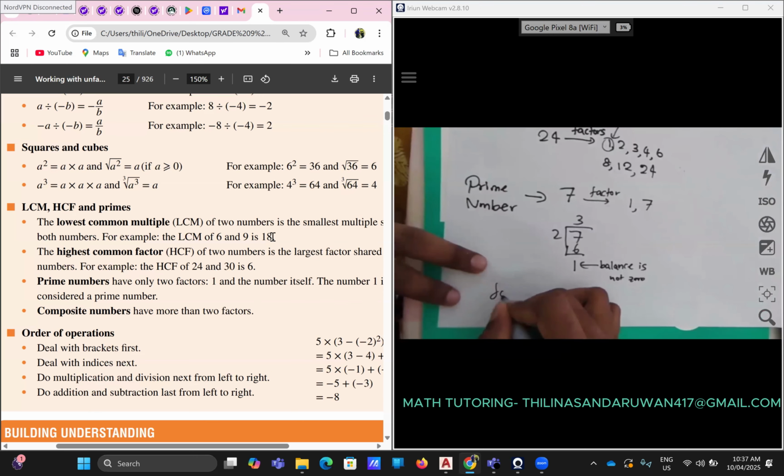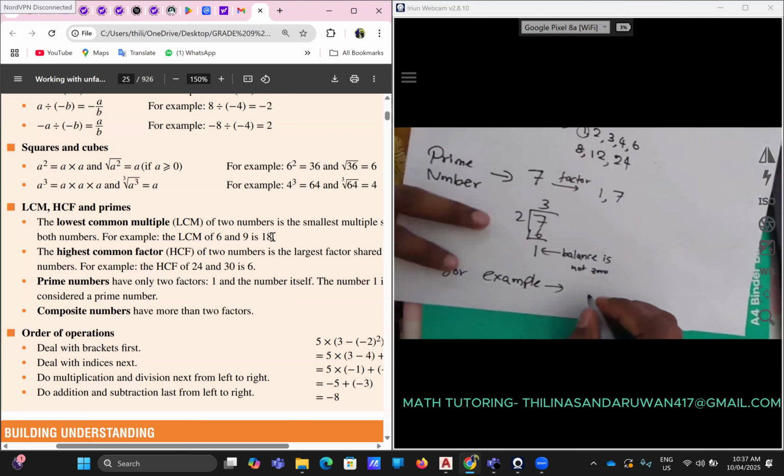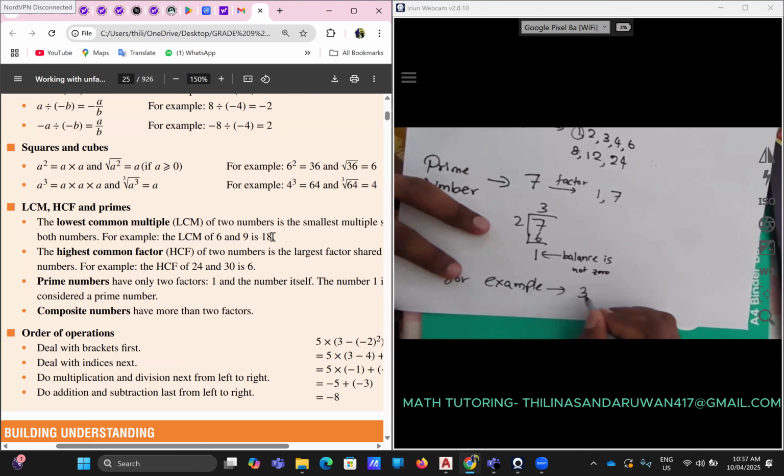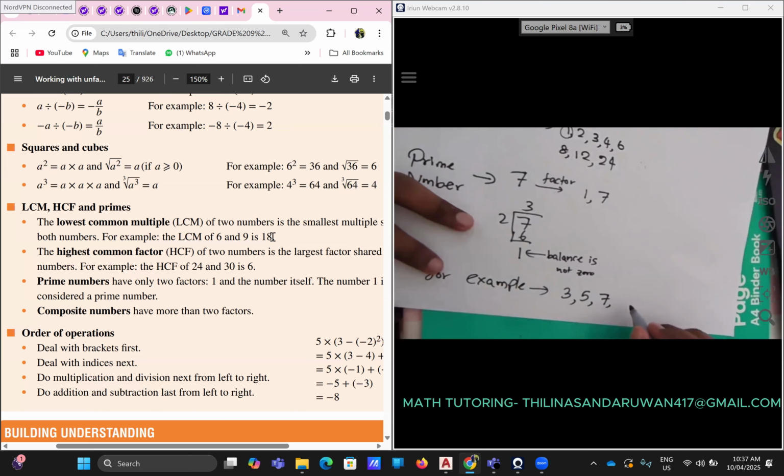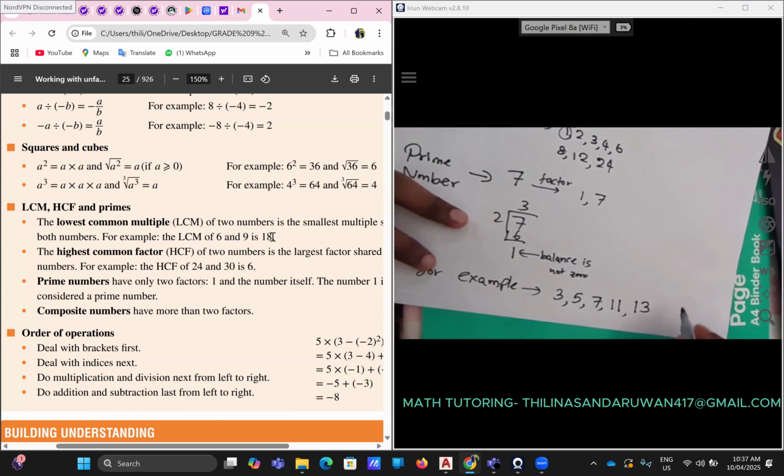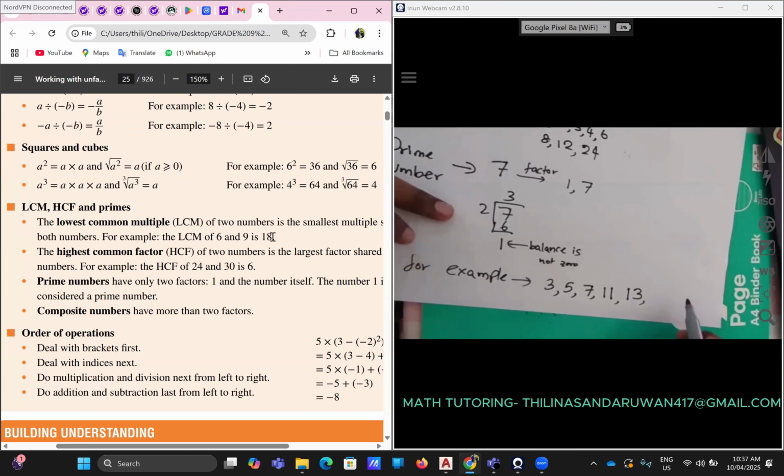For example, prime numbers are 3, 5, 7, 11, 13. What else? There are so many prime numbers, but mainly we should know 3, 5, 7, 11, 13.